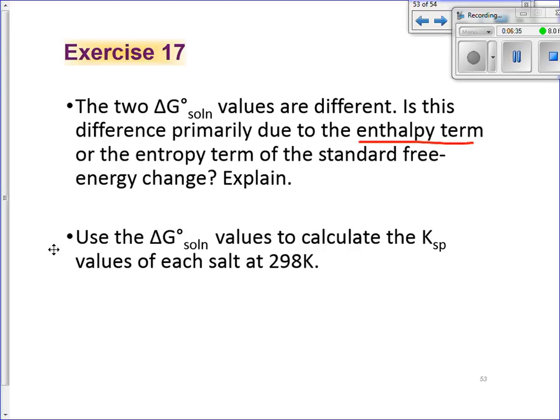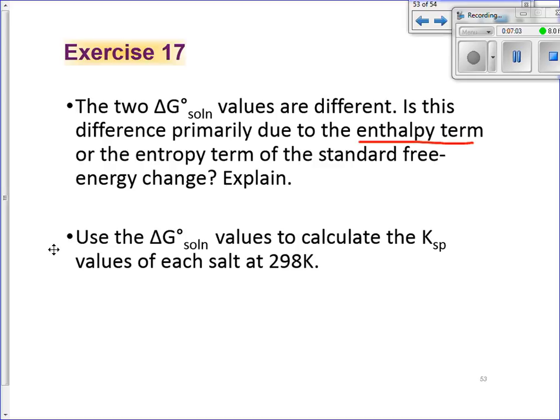G. Now I want you to calculate the KSP values for each salt. We're going to see how they look in comparison. How would we go about calculating the KSPs? Okay, delta G equals negative RT ln K. Here, KSP is a K. It's the solubility product, so it's the equilibrium for solubility.